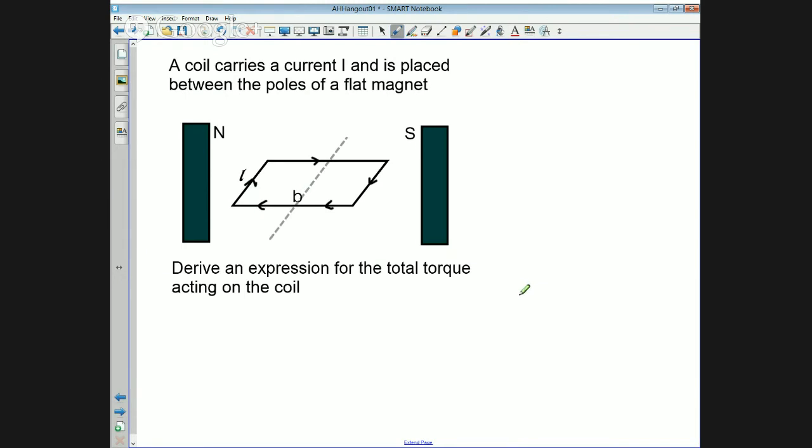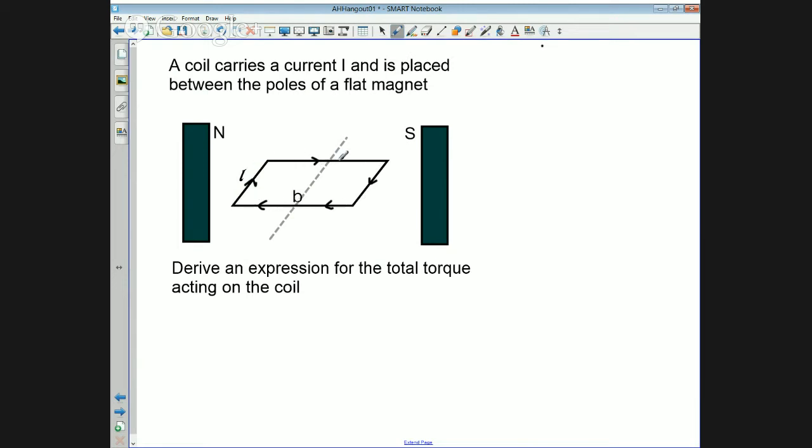It's something which we haven't done much revision on, but it's a very common one, because it's putting the force acting on a current carrying conductor to practical uses. And here's one here. We have a coil of wire. It's just a simple rectangular coil of wire.